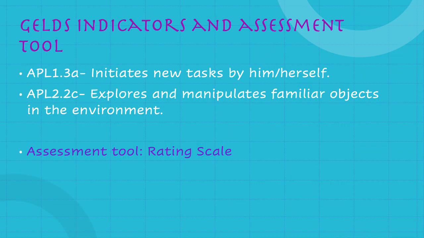The JELDS codes I have included for self-help are APL 1.3a, initiates new tasks by him or herself, and APL 2.2c, explores and manipulates familiar objects in the environment. An assessment tool that I will use to assess children in this area would be a rating scale.